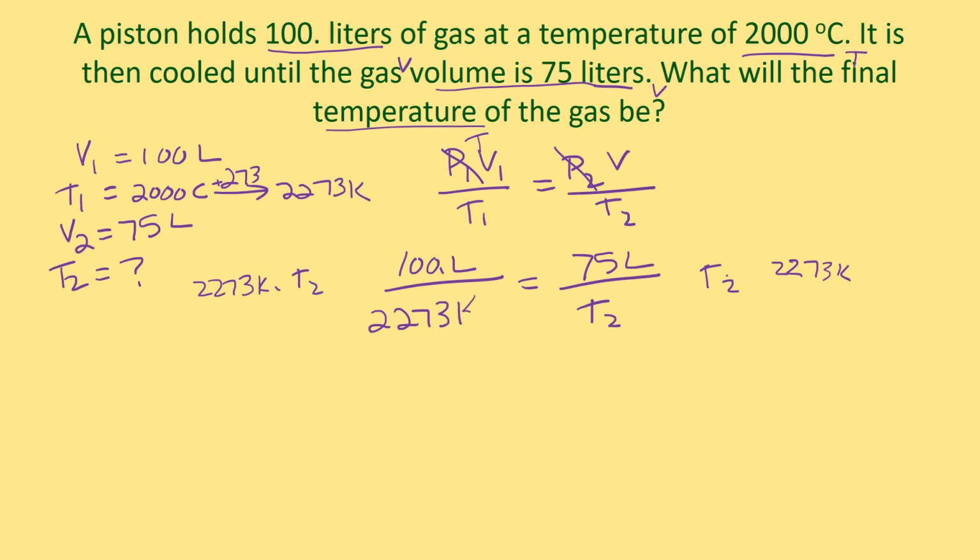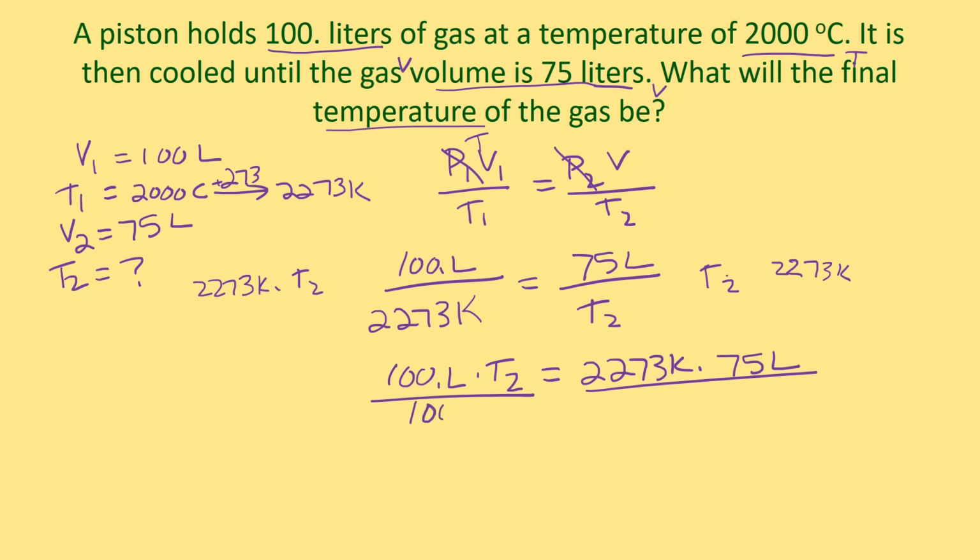And rearranging, I have 100 liters times T2 equals 2273 Kelvin times 75 liters. Note that if I divide both sides by 100 liters, it cancels and I'll be left with T2 on the right, which is what I want to do.